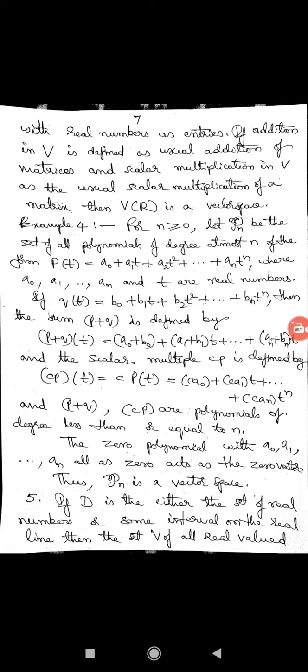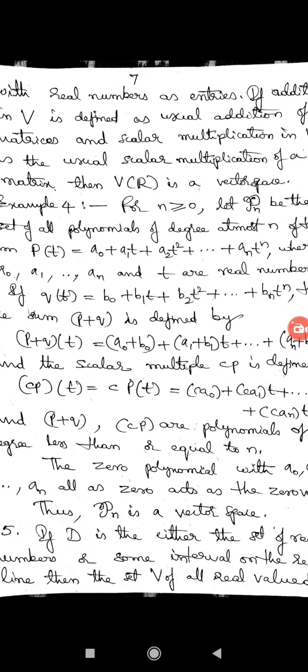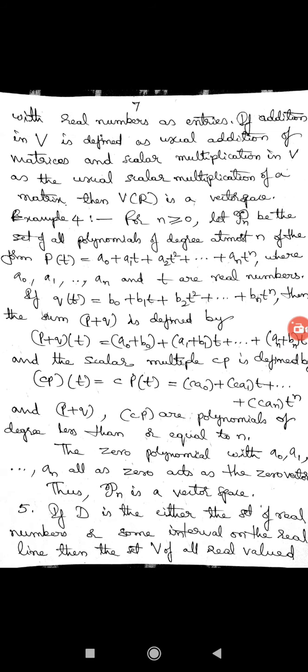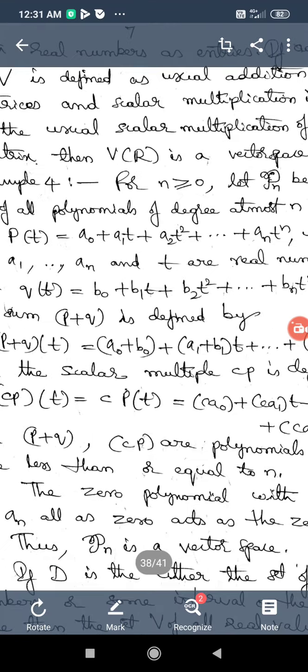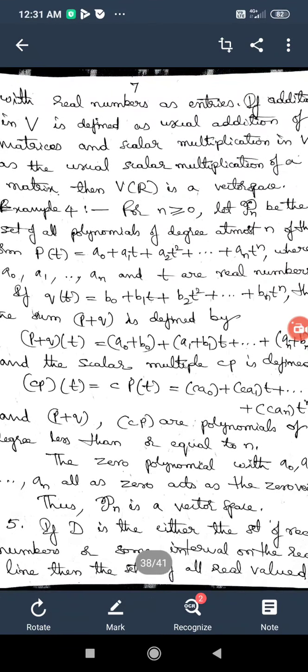Each polynomial is of the form p(t) = a0 + a1t + a2t^2 + ... + an t^n, where a0, a1, ..., an and t are real numbers. Let us take another polynomial, q(t) = b0 + b1t + b2t^2 + ... + bn t^n, where b0, b1, ..., bn are real numbers, and t, as already said, is a real number.